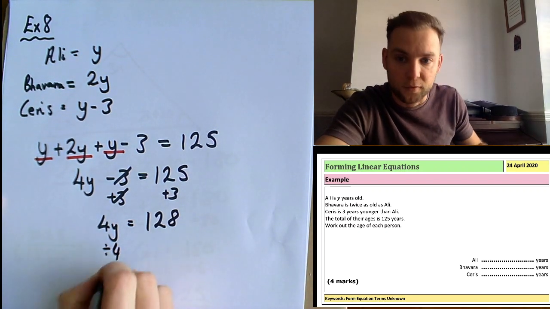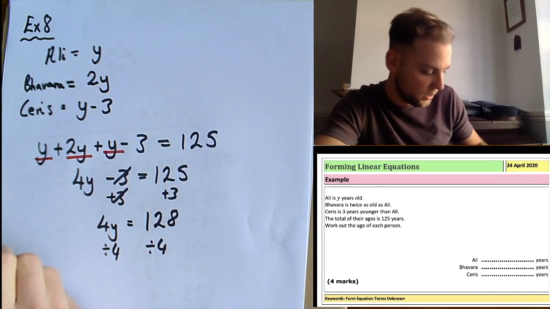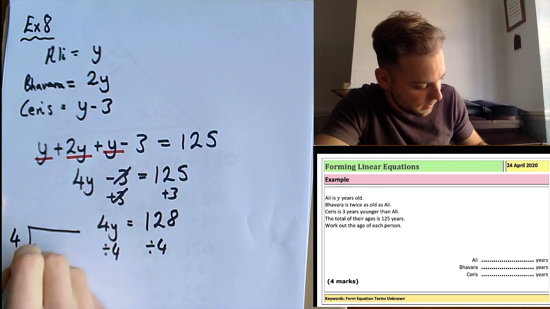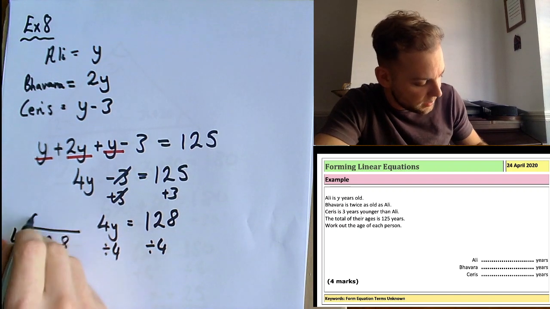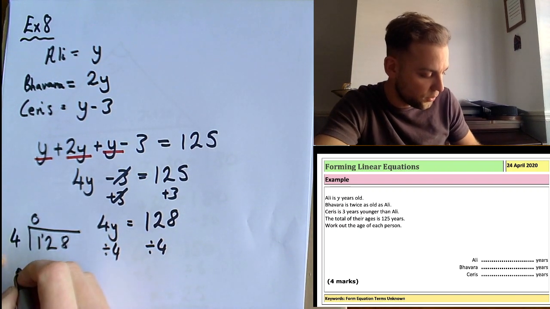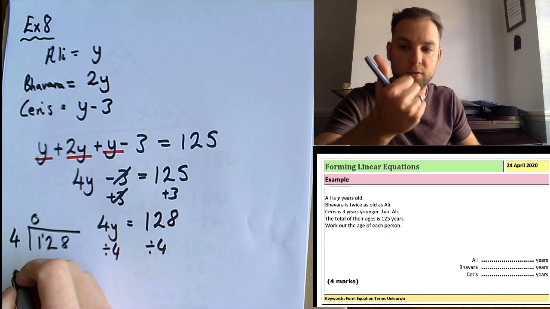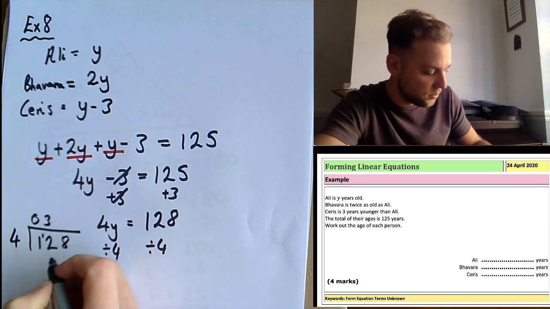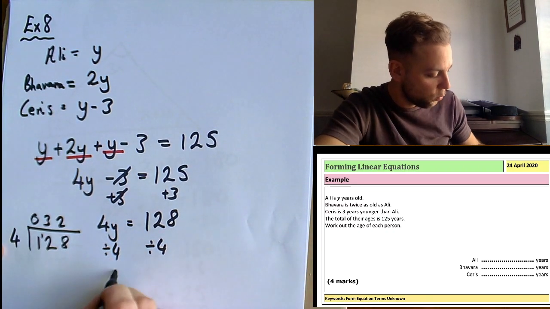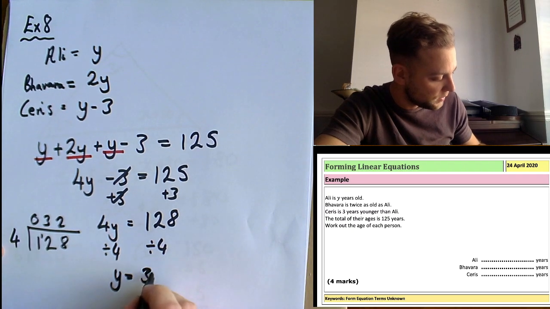And I'm dividing by 4. Let's use the bus stop again. 4 into 1 doesn't go. 4 into 12 goes 3 times. 4 into 8 goes twice. So y is equal to 32.